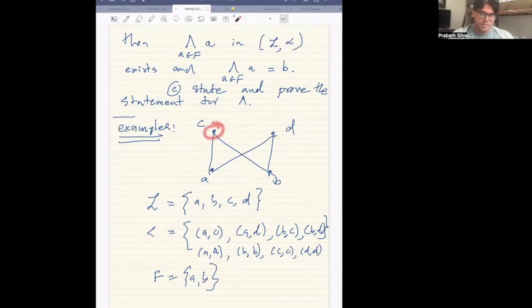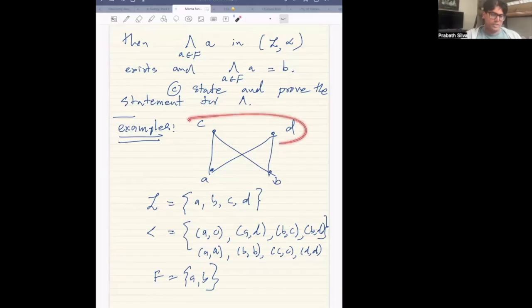Both these things are upper bounds, but they're not comparable, so you cannot find the least one. Okay, and similarly, if you take these two elements, then you cannot find a minimum.